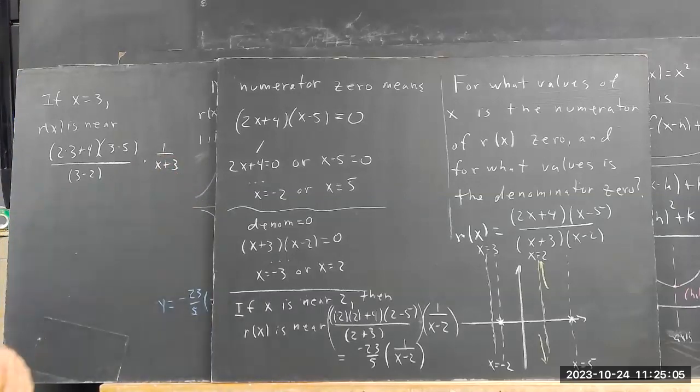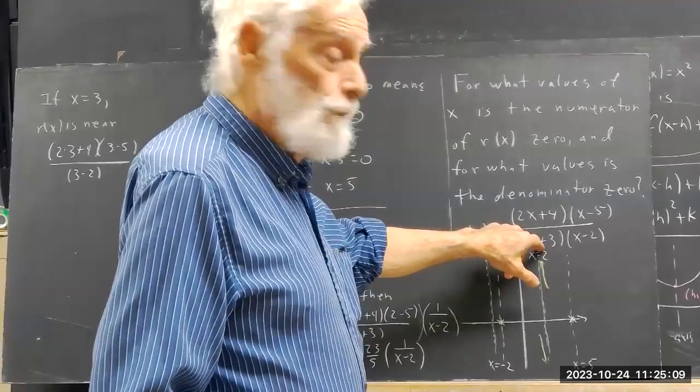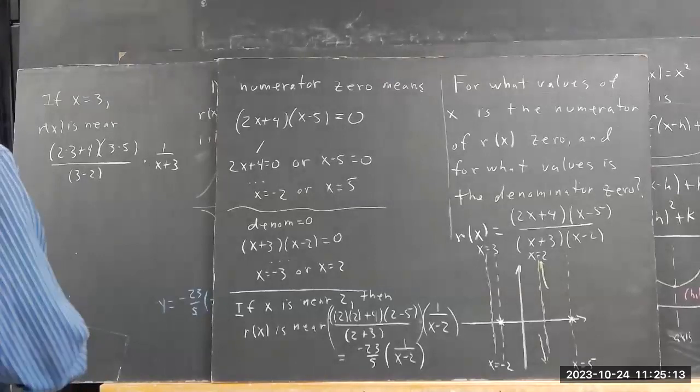In other words, I just took everything in the function other than x plus 3 and plugged in -3. And then we just do the arithmetic.